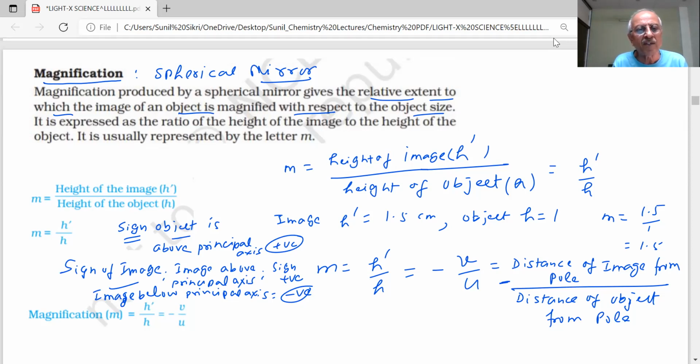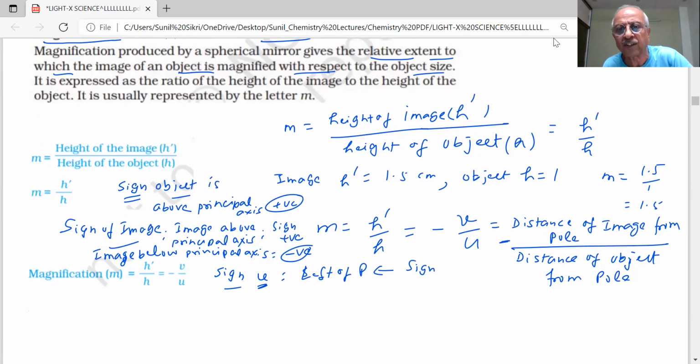Similarly, when I talk of the sign of u and v, the sign of u, if the object is always to the left of the pole, left of pole P, then what is the sign? Tell me, negative or positive? When something is left of the pole, is the sign negative or positive? Negative.